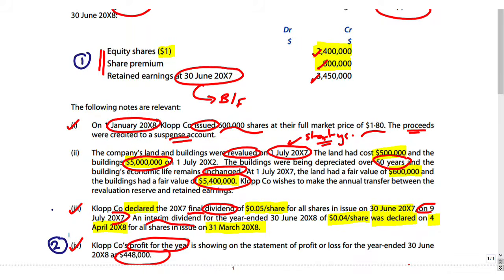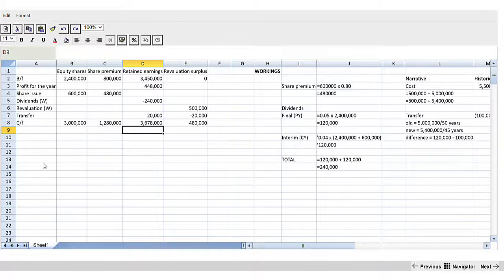Once we'd done that, we then looked at the issue of shares before we then looked at the dividends, which were pretty tricky, but remember, dividends are accounted for on a declared basis because that is where the obligation comes. And then the trickiest part of the question was right at the end when we went through there and looked at the land and buildings and their revaluation, didn't we?